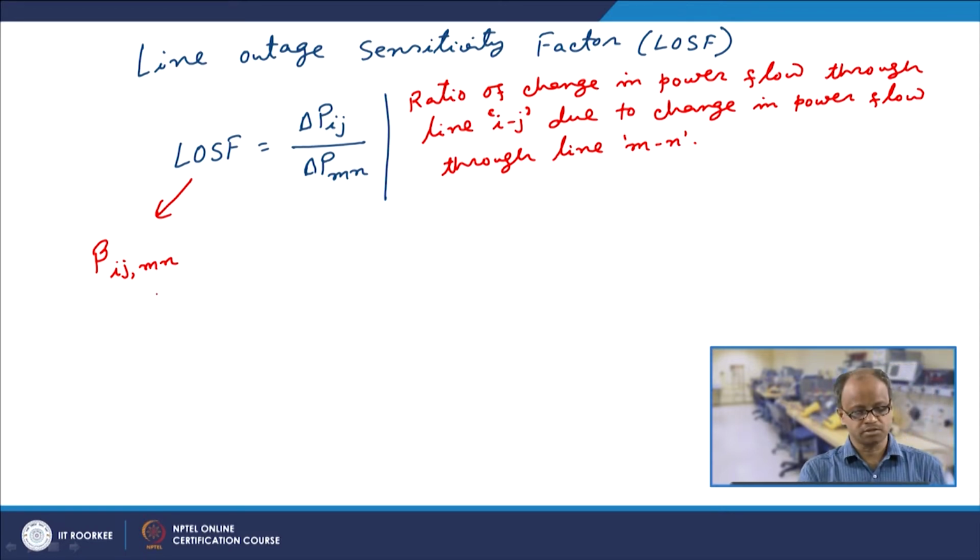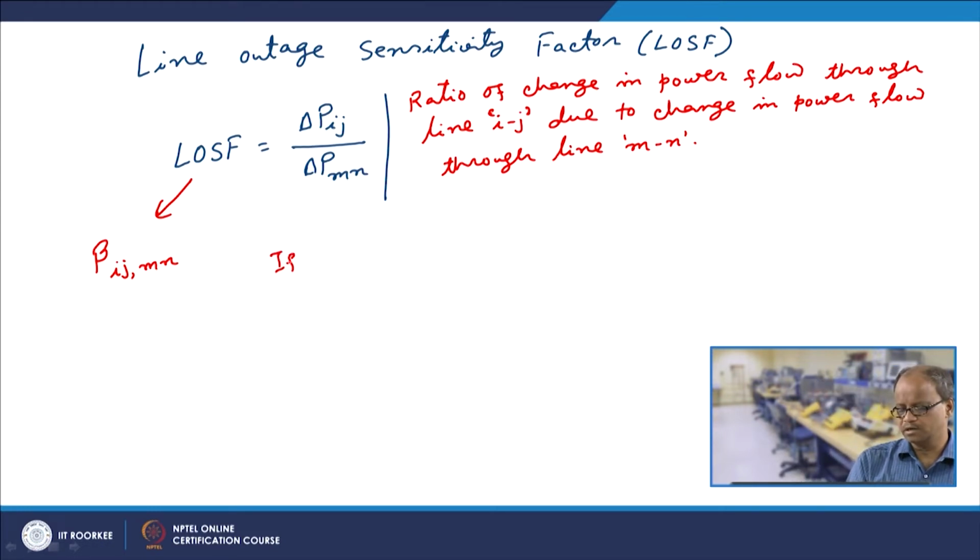Now suppose I have a line between m and n, and if that line is going out of order, that is, if this line is getting tripped, then what would be delta Pmn?